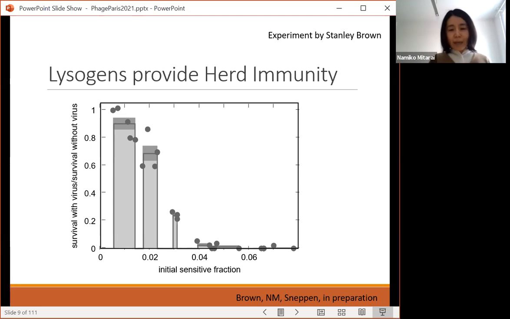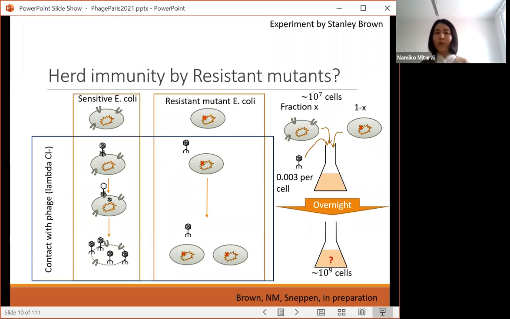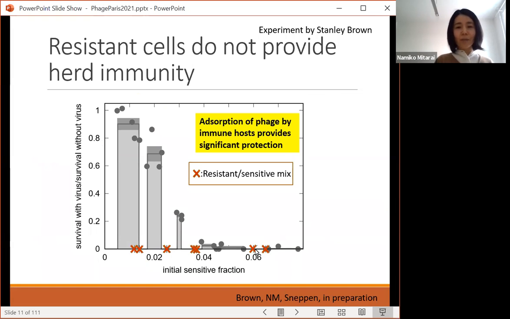Then, just out of curiosity, we started to wonder what happens if, instead of the immune cells, we mix in the resistant mutant, which arises very often, and which has lost the surface protein needed to even adsorb the phage. So we did basically the same experiment using this resistant mutant. What we see is these crosses over here: no one survives if you mix the resistant mutant with the sensitive cells.